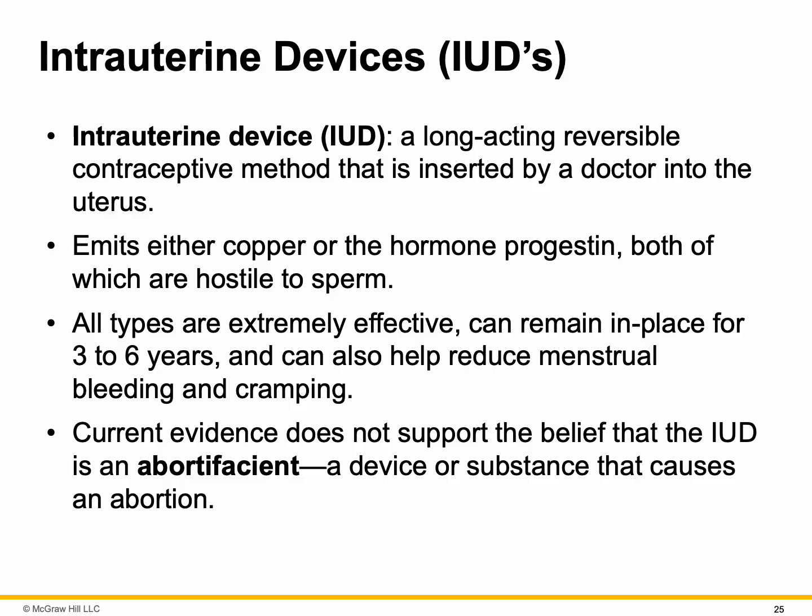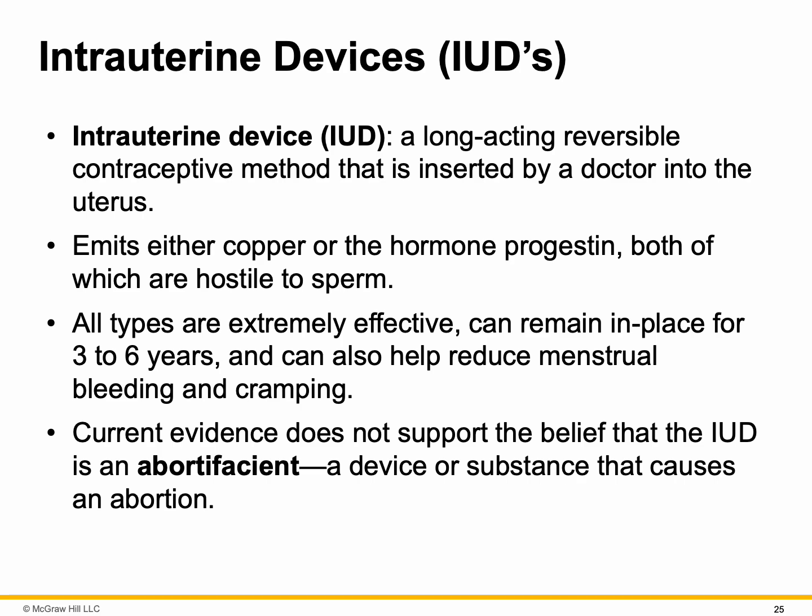Okay, so a different form of contraception is the intrauterine device. This is a long-acting reversible contraceptive method that is inserted by a doctor into the uterus. The intrauterine device, or IUD, emits either copper or the hormone progestin, both of which are hostile to sperm. All types are extremely effective. Depending on the brand, they can remain in place for 3 to 6 years and can also help reduce menstrual bleeding and cramping.